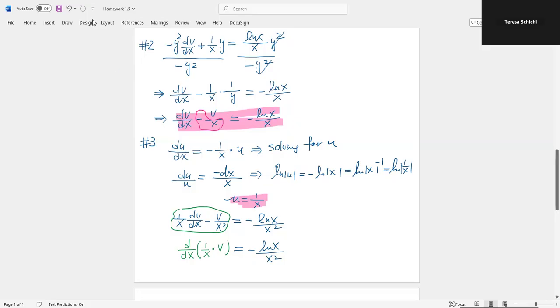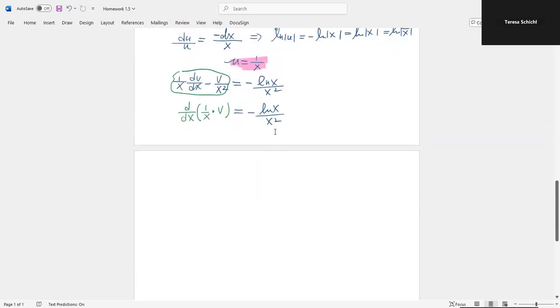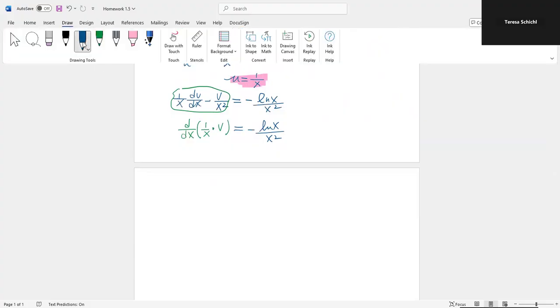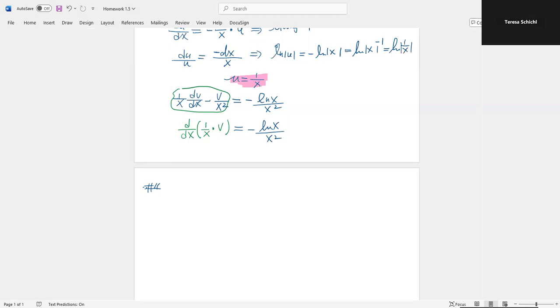So 1 over x times v, derivative, is equal to negative ln x over x squared. Now we can integrate both sides. This is step number 4. On the left-hand side, you integrate a derivative, so it's just 1 over x times v. Then here, this is negative the integral of ln x over x squared dx.